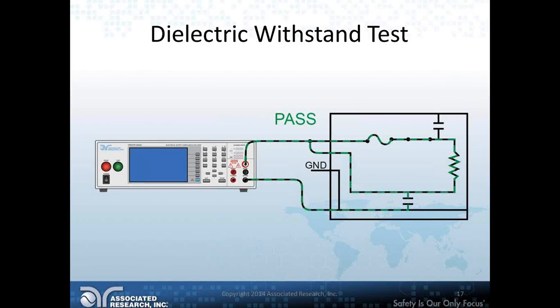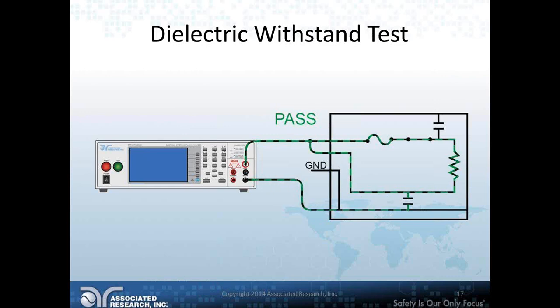Looking at this picture, we can see the high voltage coming out of the top side of the tester, the white connector. This is where the high voltage is output. And where is it applied? It is applied onto the mains conductors, or input conductors, of the device that's being tested.